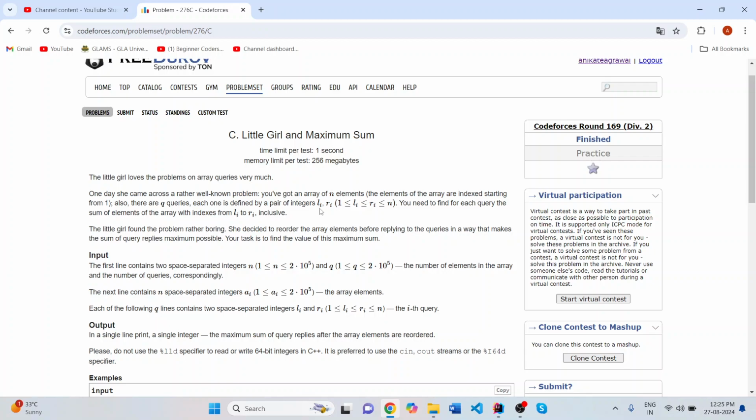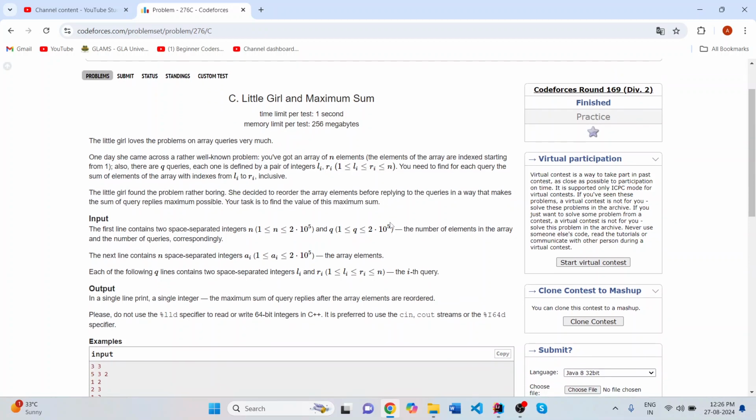Again the question comes the same. We can find out which index is coming how many times, but if we put a loop for every L to R and increase the frequency of that index, then our queries are 10 to the power 5. L and R can also be 10 to the power 5, the whole range.